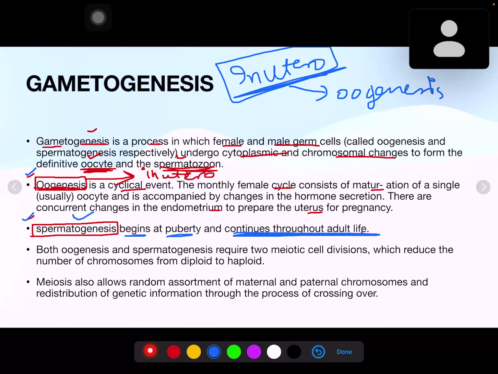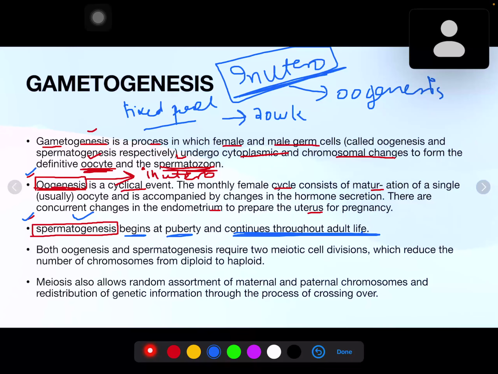In female, we have a fixed pool. You all have known, we will discuss in our urogenital system in detail. The fixed pool. We all know that the maximum amount of oocytes we have is at 20 weeks, which would be approximately 5 to 6 million oocytes. Okay, and then at birth it decreases to almost a million.